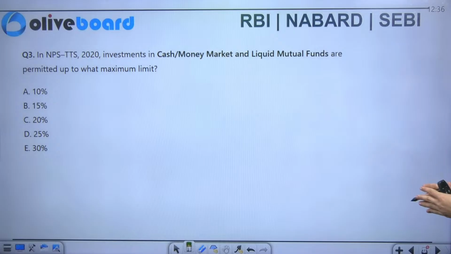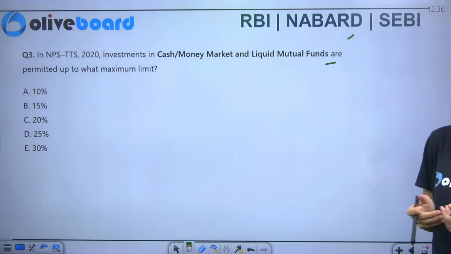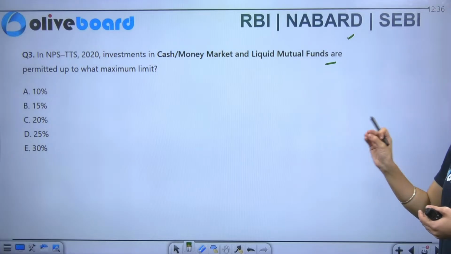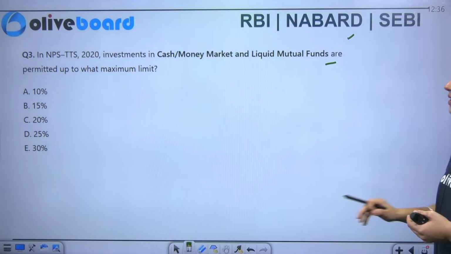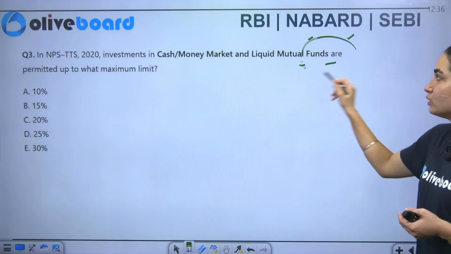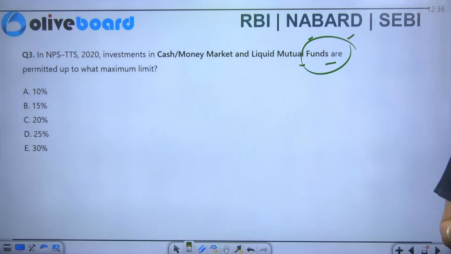NPS TTS 2020, investment in cash, money market and liquid mutual funds are permitted up to what maximum limit? Is it 10, 15, 20, 25 or 30%? Here I am asking about investment in cash, money market and liquid mutual funds, up to what maximum limit?